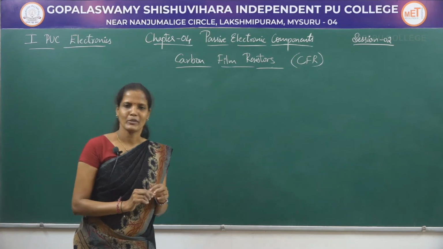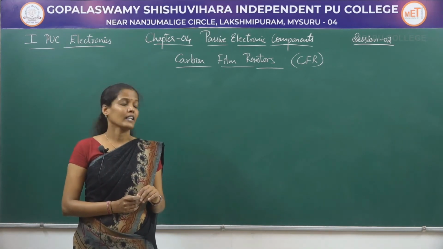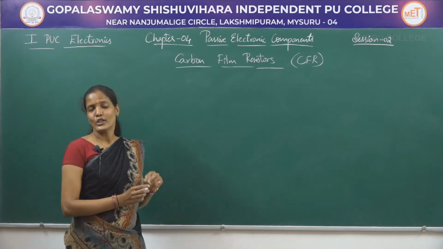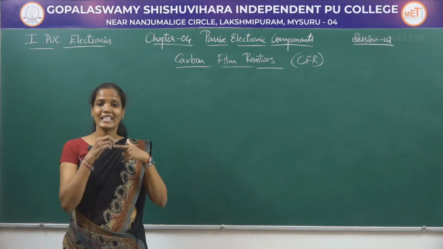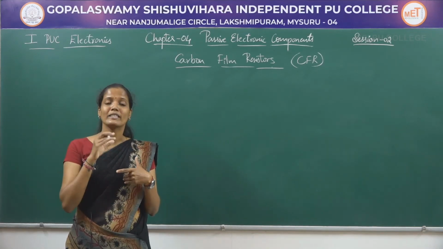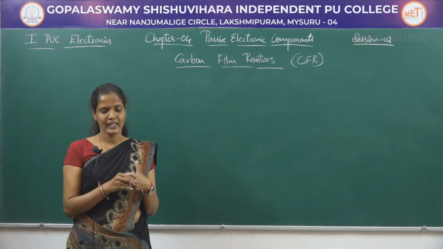This is one type of fixed resistor. These carbon film resistors are mainly manufactured using carbon. They take a ceramic rod, and upon the ceramic rod they deposit thin or fine carbon particles.